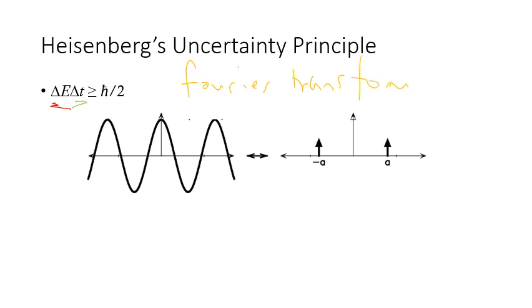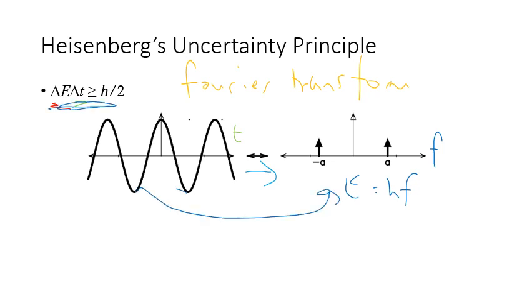So if this is time on this axis here, then our time is getting transformed into its conjugate pair. Now for an electrical engineer, the conjugate pair will be frequency. But of course for us, that's energy, because E equals hf. So this is a representation of the way that those two are conjugate via Fourier transforms.